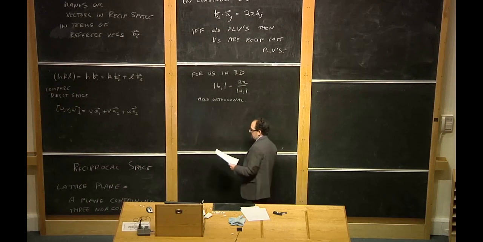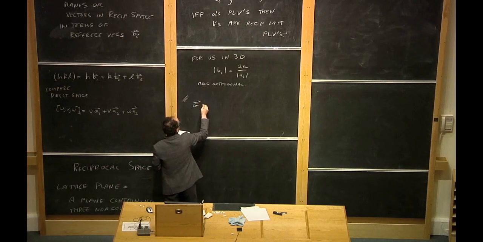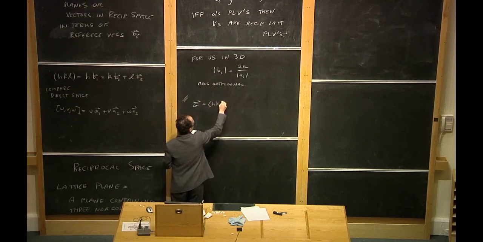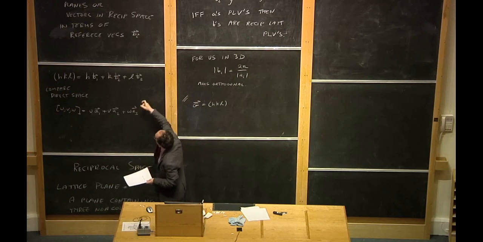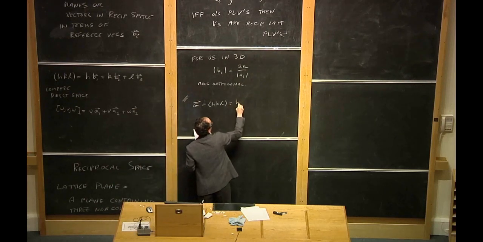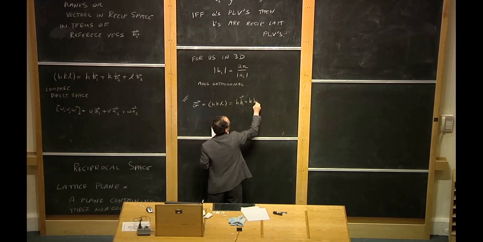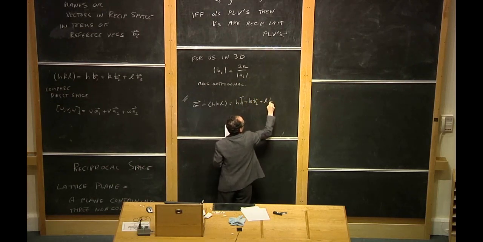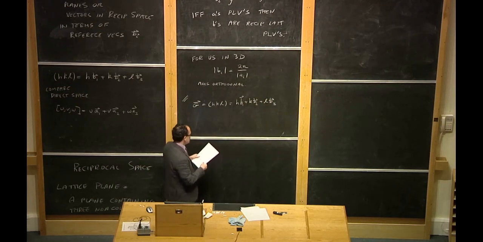So generally, when we write down G equals (hkl), we mean this thing over here: h b1 plus k b2 plus l b3, where the B's have been constructed in this way.